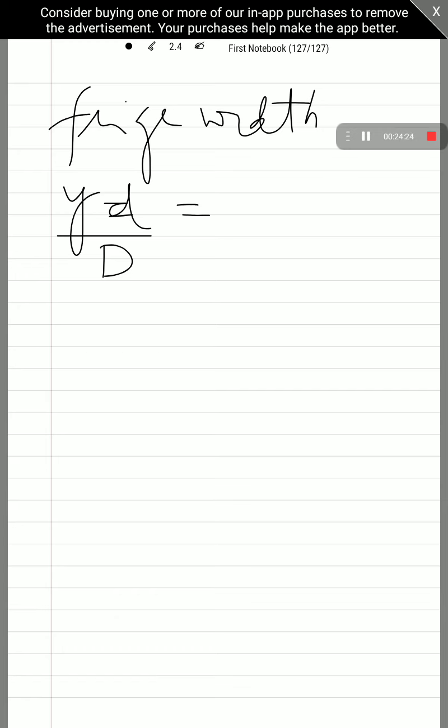This is the path difference, equal to n lambda. So y is basically any point P on the screen, and this is y. The difference between the two maxima will be the fringe width.